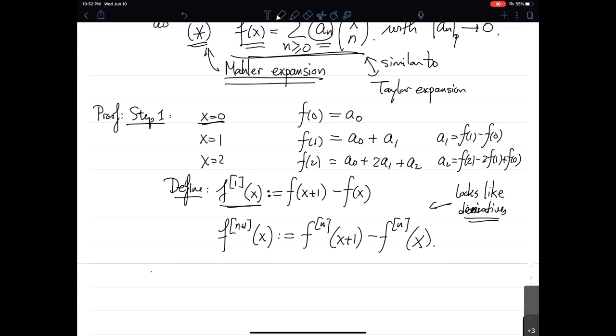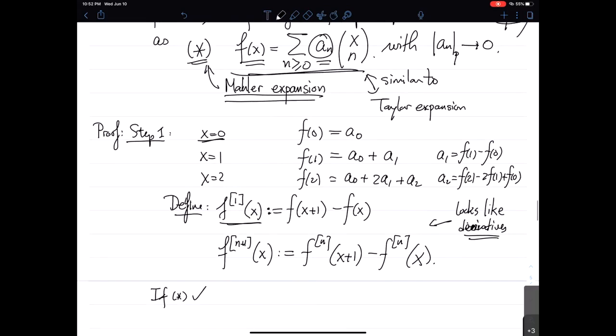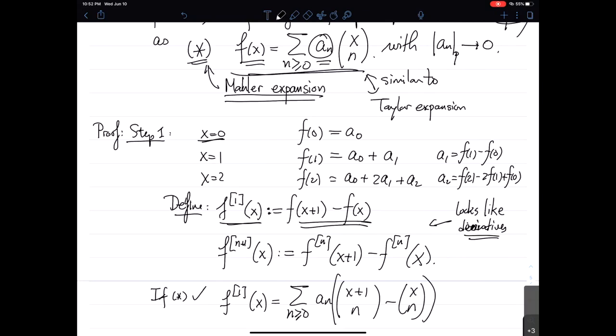If star is okay as this, what is f bracket 1? Let's see. I take the sum, I will get an times the difference of two functions evaluated at x plus 1 and x, so x plus 1 choose n minus x choose n, right?